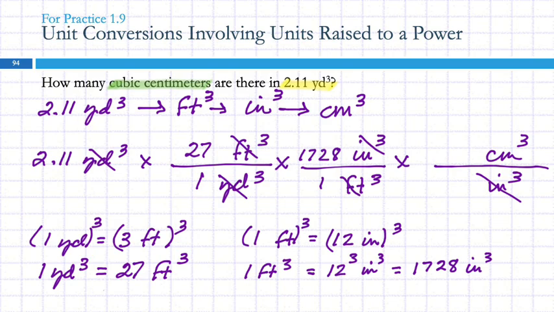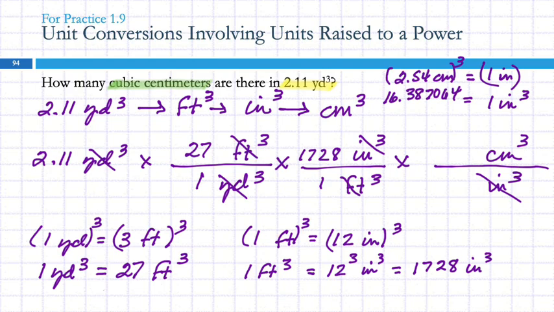I ran out of space, I'll do it on the top here. 2.54 centimeters is equal to 1 inch. Cube both sides. So I'm going to get 1 cubic inch on this side, and 2.54 cubed is 16.387064 cubic centimeters.